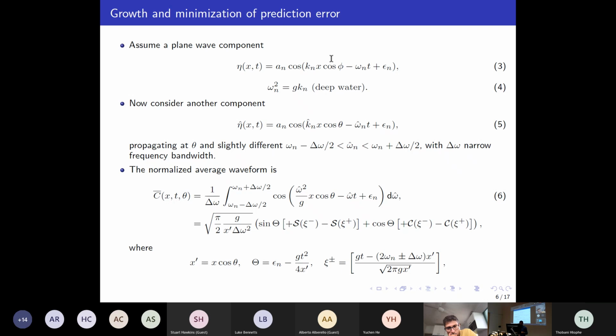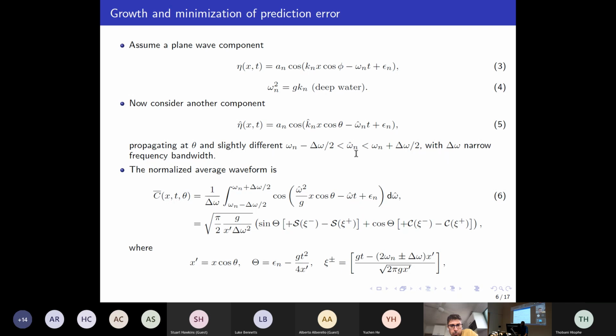And we are in deep water, so we're using the linear dispersion omega squared equals gk. And then now we consider another component, which is propagating at a slightly different angle theta and slightly different frequency omega_n, which is in this narrow bandwidth, delta omega.